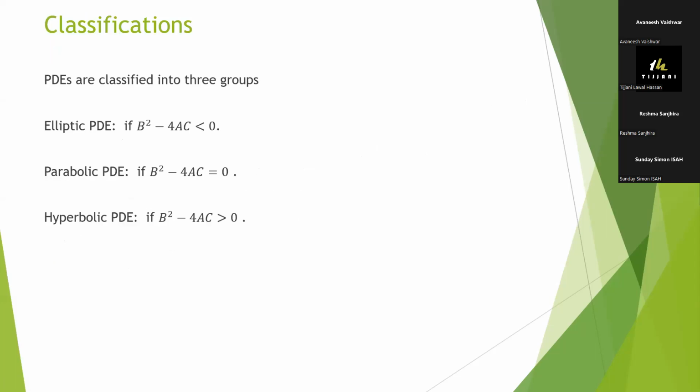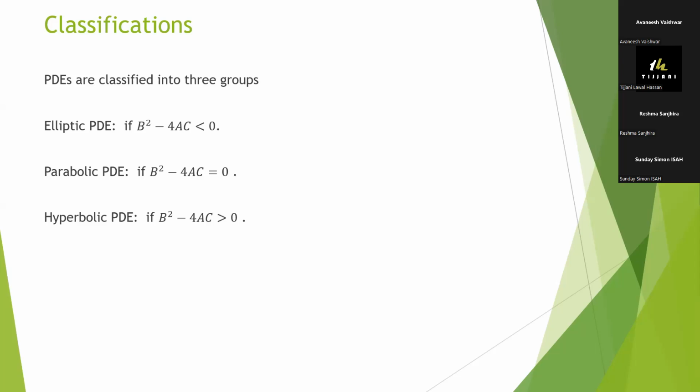If b square minus 4ac is less than 0, that PDE will be an elliptic PDE, and if b square minus 4ac equals 0, that PDE will be a parabolic PDE. If b square minus 4ac is greater than 0, that PDE will be a hyperbolic PDE. Depending on that condition, we can classify our partial differential equation.